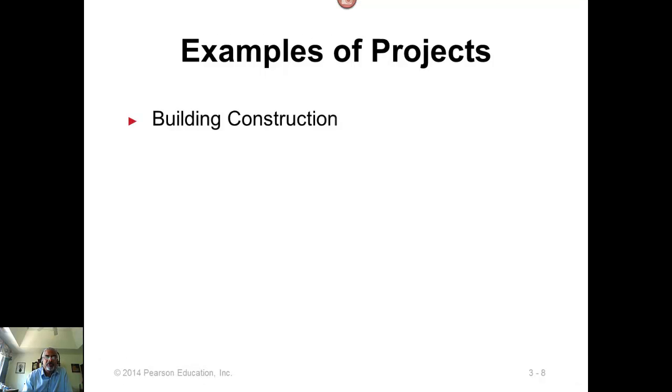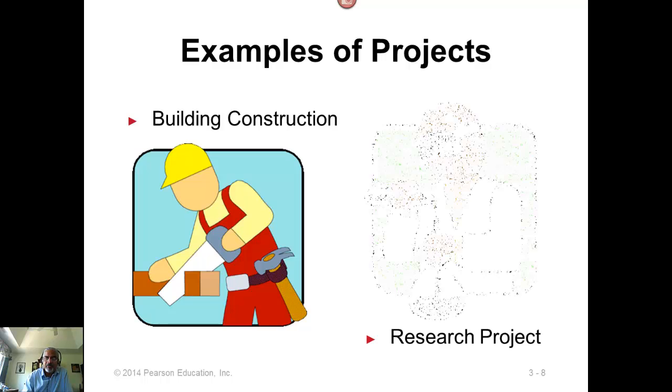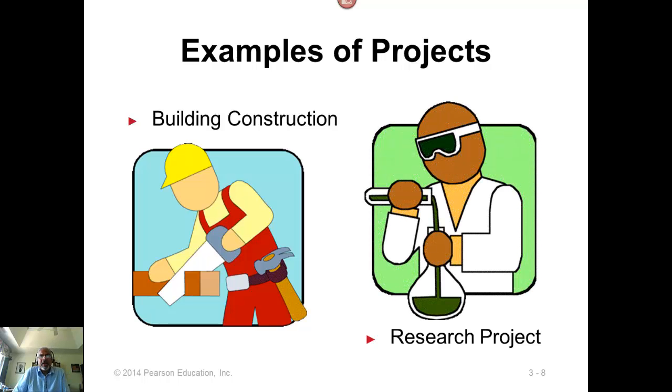Some examples of projects, okay, of course, building construction, like building the library, or it could be a non-physical project. Building a construction is a physical project, where at the conclusion of the project, we have a physical product. Oftentimes, projects involve non-physical end product. So research project is one, or coming up with new software.